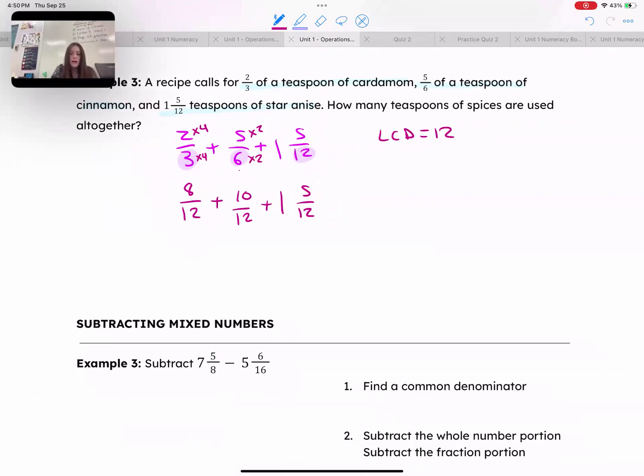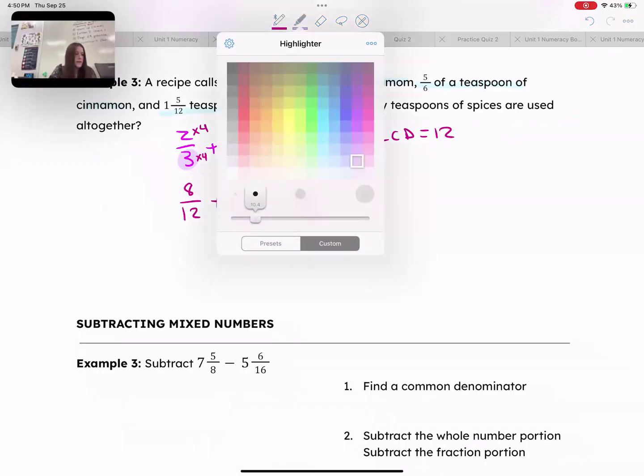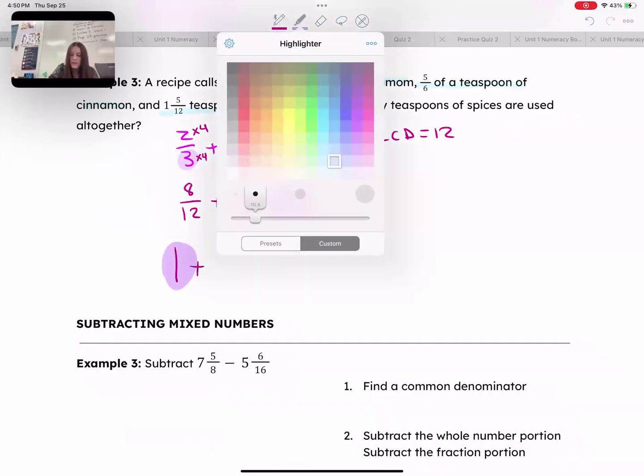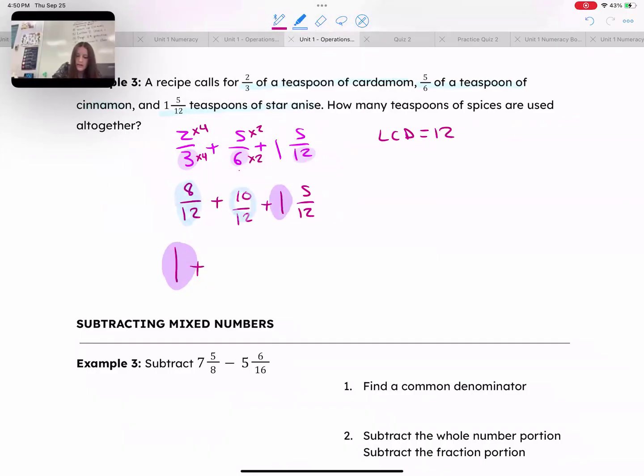And then I'm going to do the next step, which is adding together all of my whole numbers. I only have one whole number here, so I'm going to put it here. And then I'm going to add together all of my fractions.